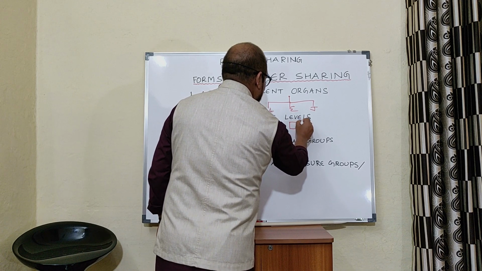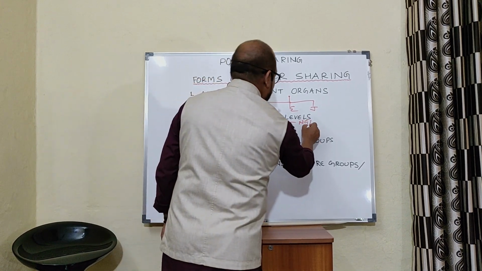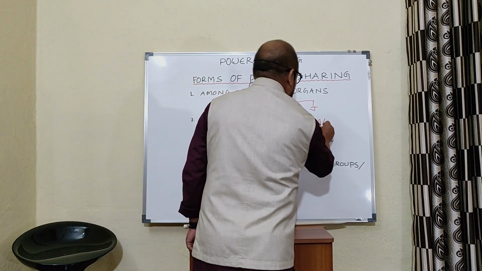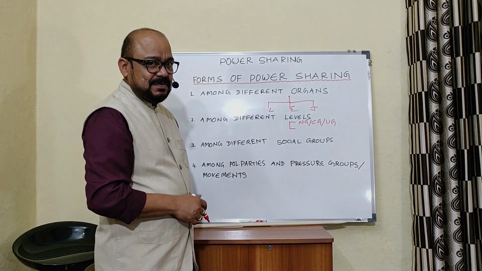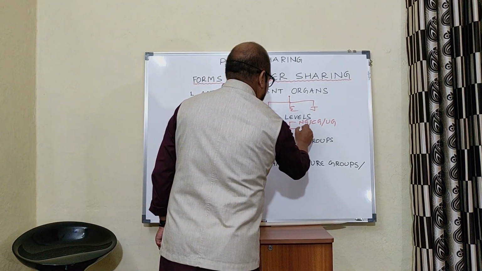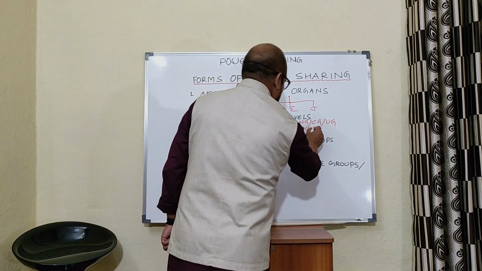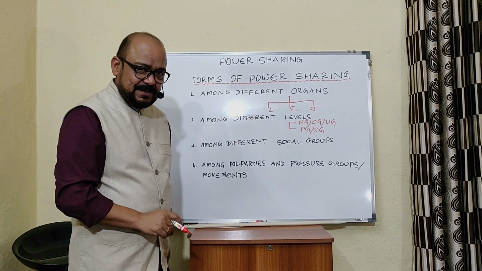One is the national government. Some people call it central government. Some people call it union government also, right? And the second level of government is provincial governments.